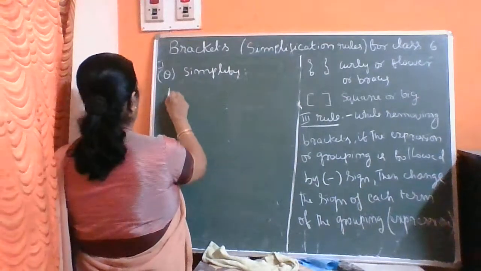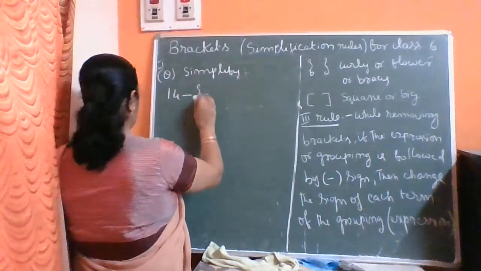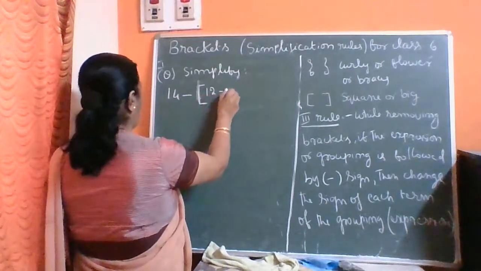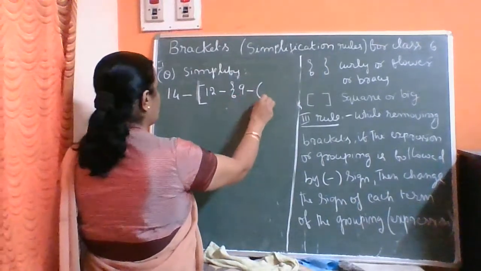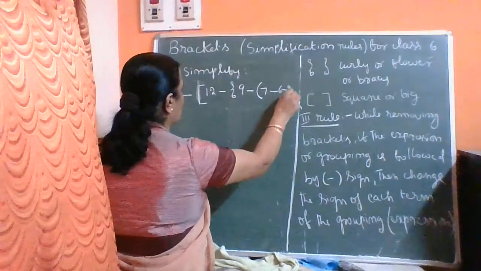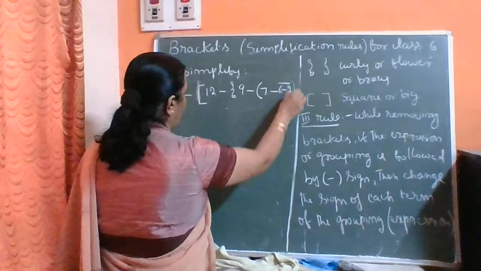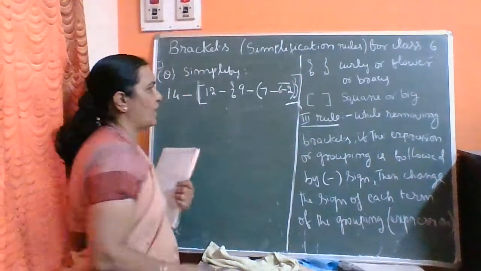Question is 14 minus flower bracket, a square bracket, then 12, then flower bracket, 9 minus small bracket, 7, 6 minus 2 inside the bar bracket, then close it with the flower bracket and the square bracket.